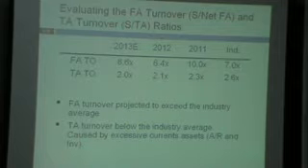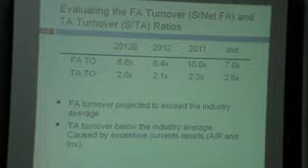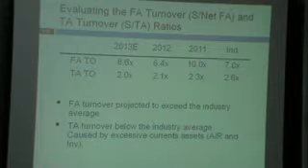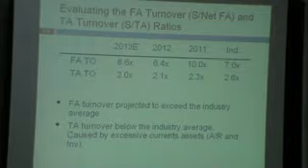Fixed asset turnover in 2011 was 10 times, in 2012 it reduced to 6.4 times, and in 2013 it improved from 2012, but still it is 8.6 times. Compared to industry, it is better than the industry average. Industry average is 7 times, whereas the fixed asset turnover for this company is 8.6 times.